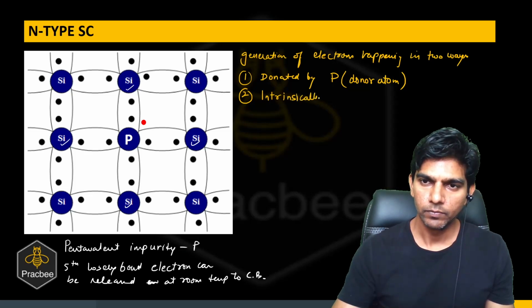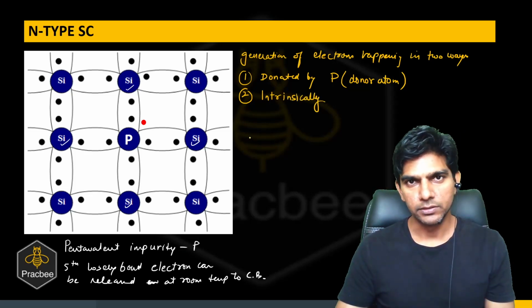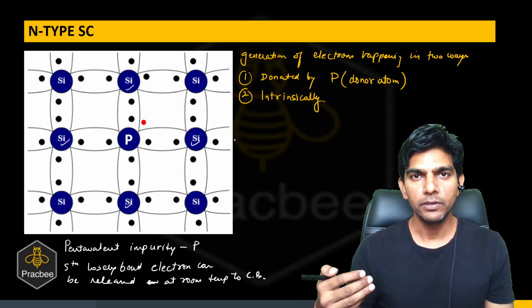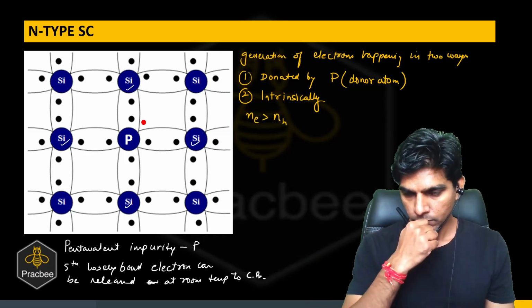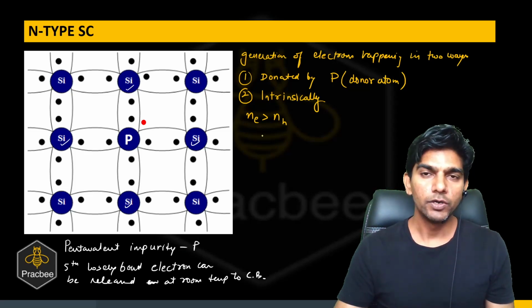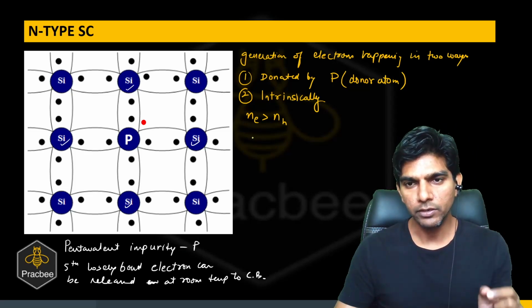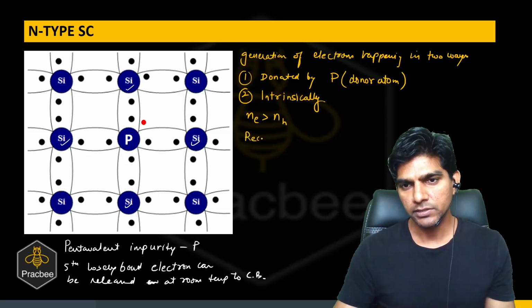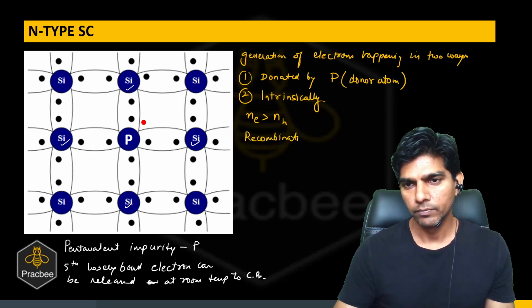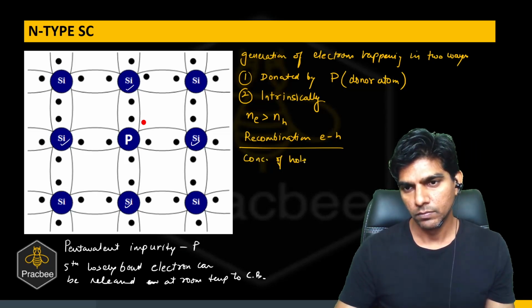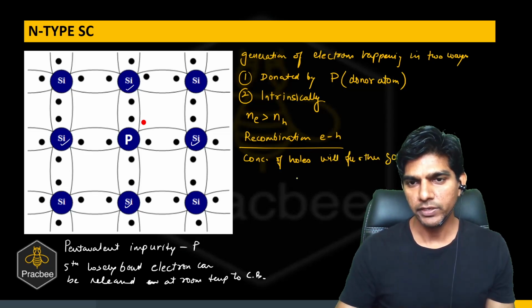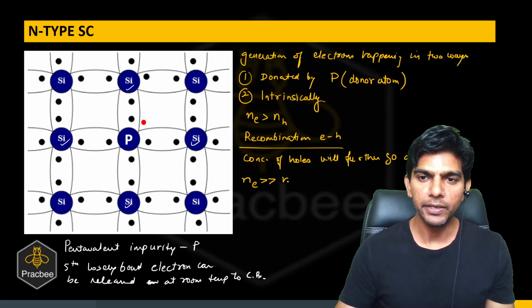Due to these 2 ways, the concentration of electrons will be very large in comparison to holes. There is one more process happening, known as the recombination of electrons with holes. If we consider the recombination process, the concentration of holes will further go down. So the concentration of electrons will be very large in comparison to holes.